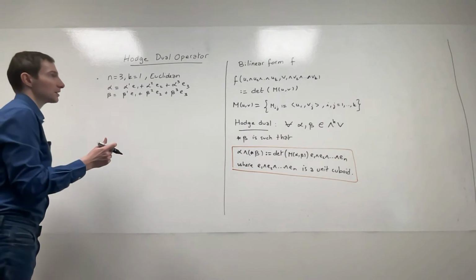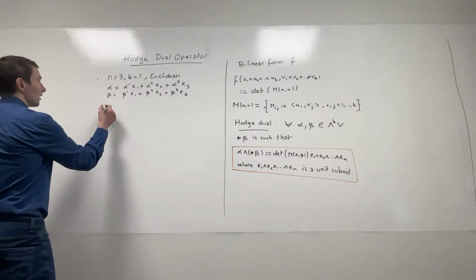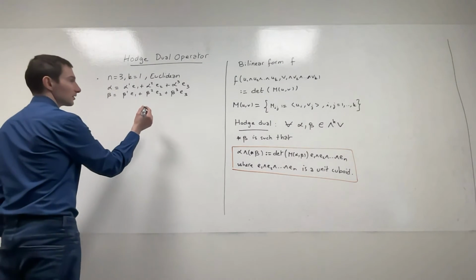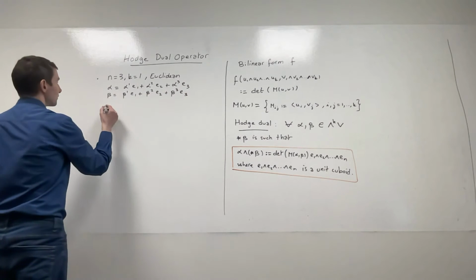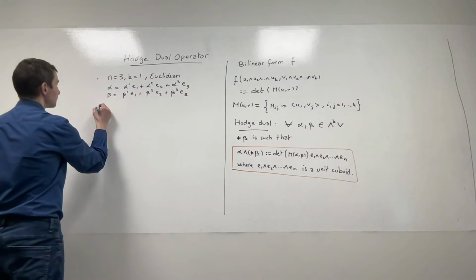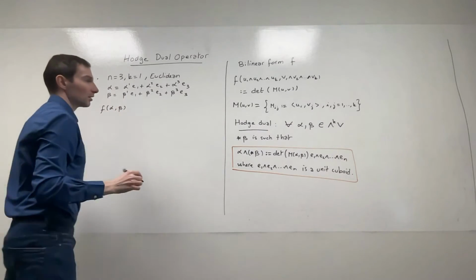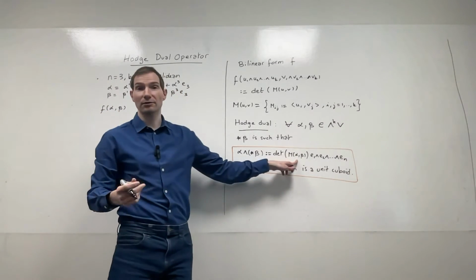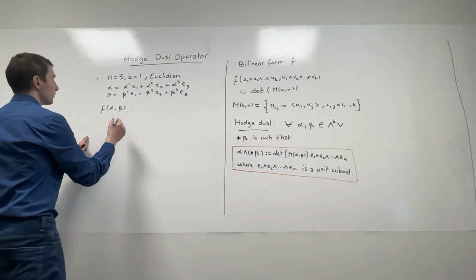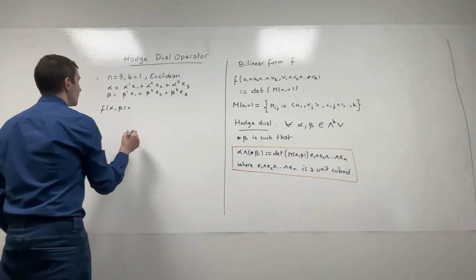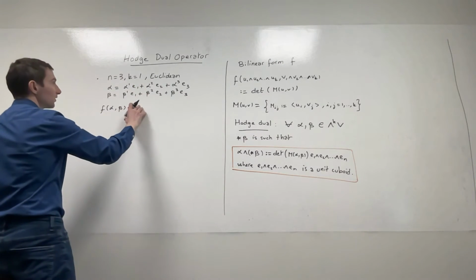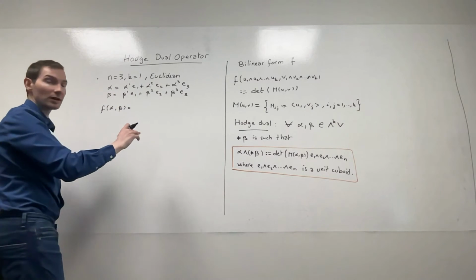Now, what happens is that if I want to look at, for example, f of alpha beta, because the determinant of M alpha beta is f of alpha beta, basically. So f of alpha beta is going to be equal, and the only thing I can do is put everything together.